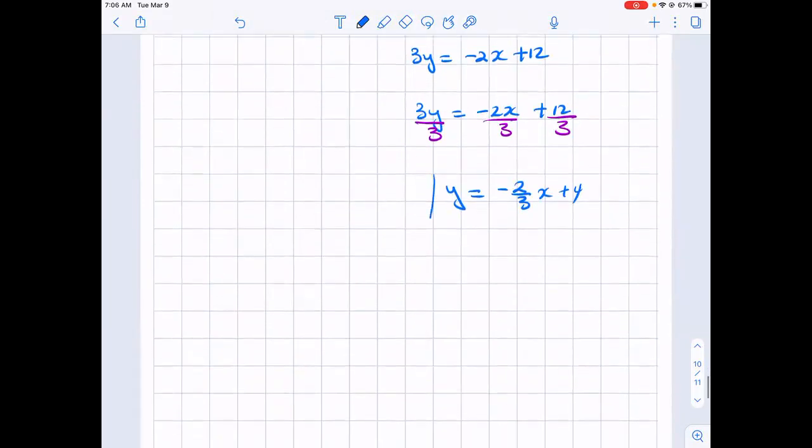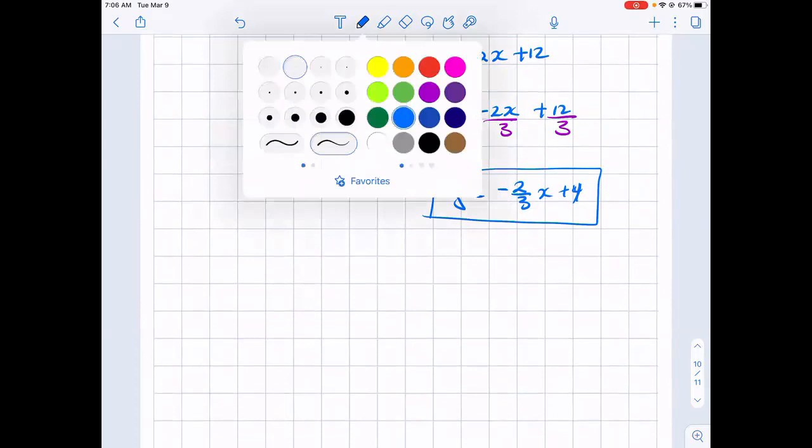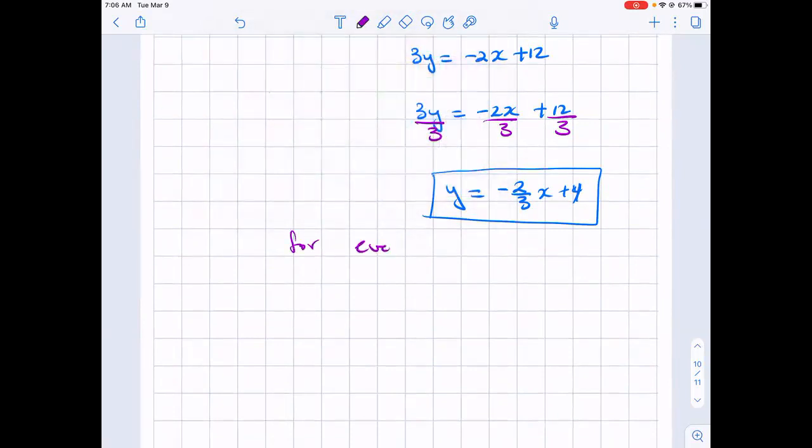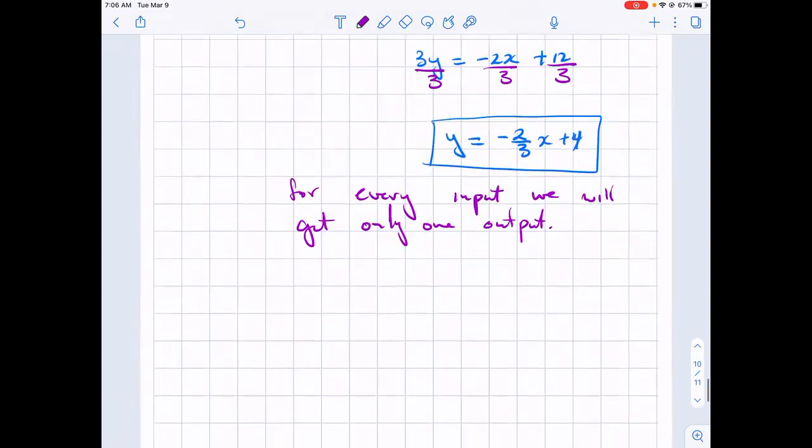And you will notice that for every input, we will get only one output. Therefore, this is a function of x. For every input x, we will only get one output y.